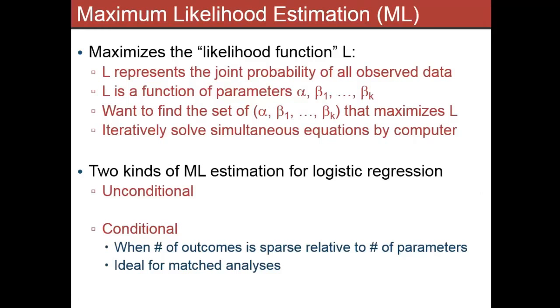The conditional model made its appearance last semester when we were doing matched analysis. It's a version of the model to use when you would need so many terms in your model relative to the number of outcomes that you'd have too many terms. This came up in matched analysis, and we're going to talk about it. This is a special case model. This is the usual case model, the unconditional model.